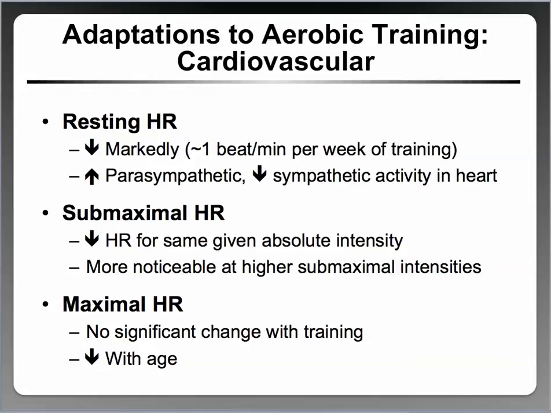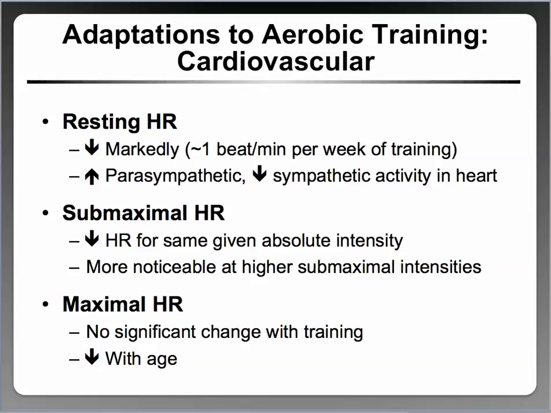Due to this you have a withdrawal of the sympathetic activity on the heart, and by withdrawing sympathetic nervous system activity, you then decrease the beats per minute with heart rate at rest.